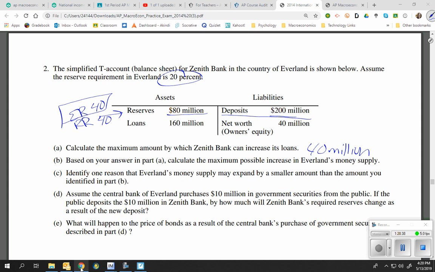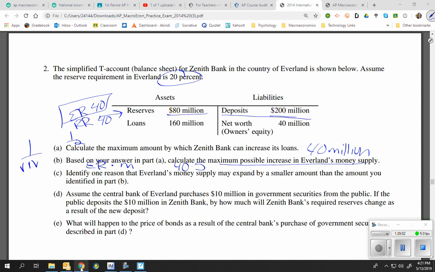On B, based on your answer in A, calculate the maximum possible change in money supply. So that is the excess reserves times the money multiplier formula. Excess reserves is that 40 million. What's the money multiplier formula? 1 over RRR, in this case 1 over 0.2, which is what? 5. So it's 40 times 5. Wait, can you use it again?